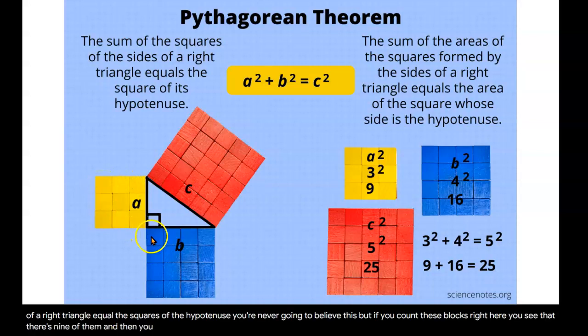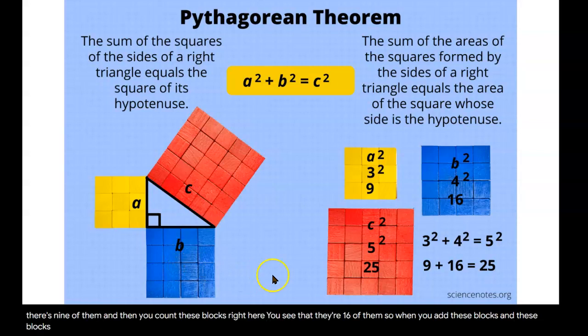And then you count these blocks right here, you see that there's 16 of them. So when you add these blocks and these blocks up, you're going to get 25 because 9 plus 16 is equal to 25.